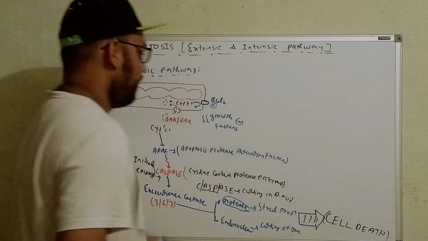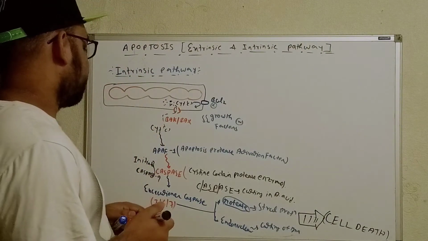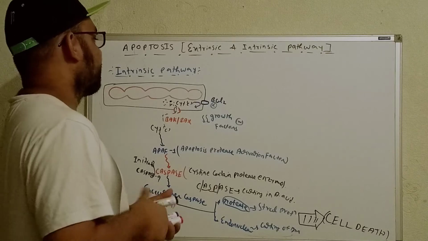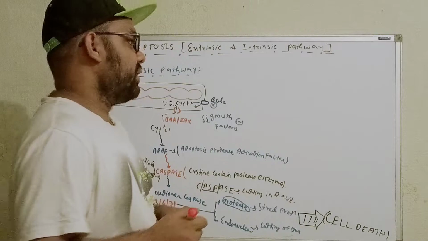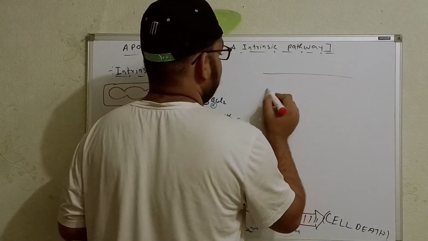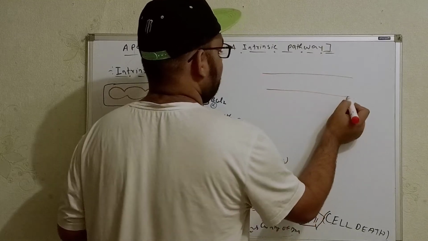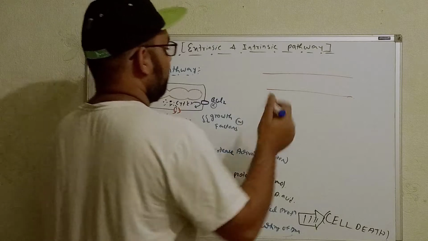Now we'll connect the extrinsic pathway with the intrinsic pathway. Now whatever we'll see in terms of the extrinsic pathway, extrinsic means something that will come from outside. Let's suppose there is a cell membrane. On the cell membrane there is presence of certain types of receptors over here.